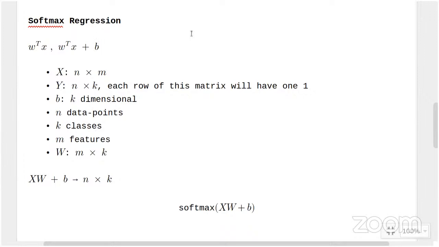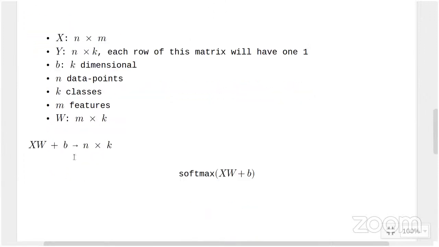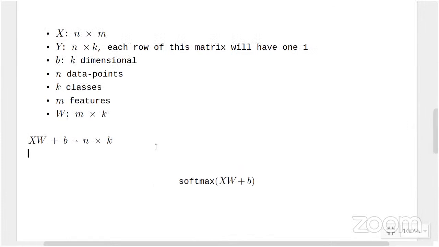So what will be the dimension of XW? XW is n cross K. And the dimension of B is K. So n cross K plus K, how will it get added? It will be added row wise. This is the whole NumPy broadcasting thing.